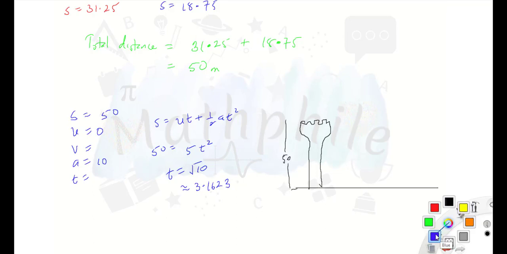And a ball was dropped from this side, the blue ball. Actually, that was a red ball, I was using the wrong ink.